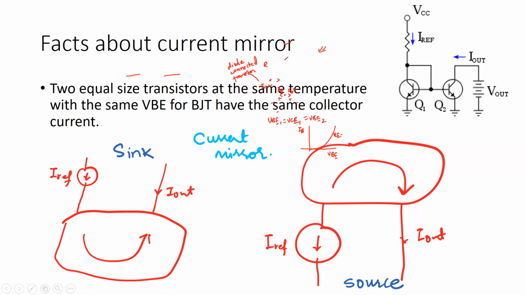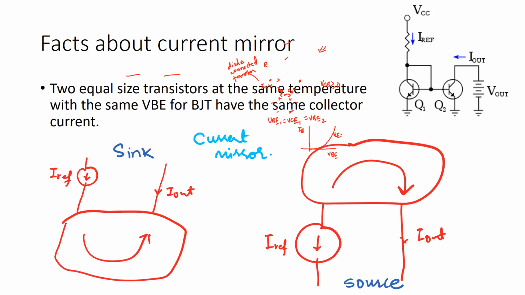And therefore, we see the voltage here at the collector of the second transistor and the voltage here at the base of the second transistor. So the collector-base voltage, VCB of the transistor Q2, has to be greater than or equal to 0.